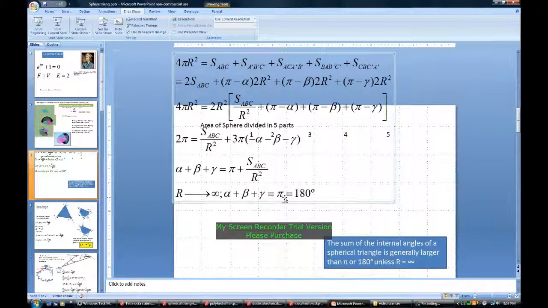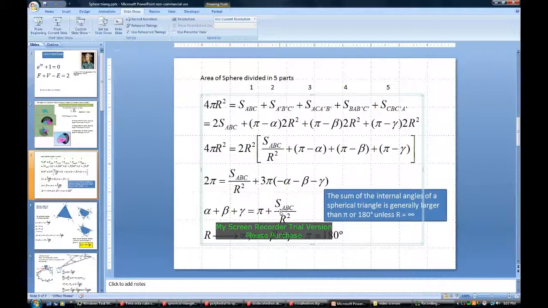But here you get sort of a free proof of that. But you also get the formula for the sum of the internal angles of a spherical triangle, which is in general always greater than 180 degrees, and will increase as the area gets larger. Put that back, and hopefully you saw that in spite of my watermark on my free demo version of whatever my program is called there.